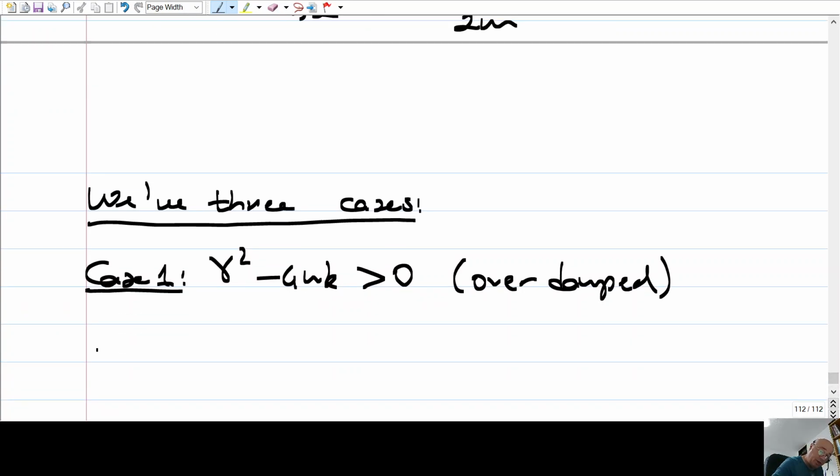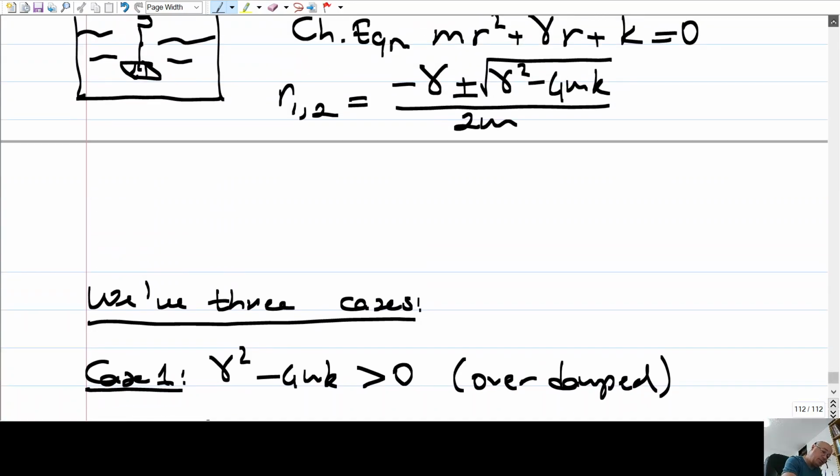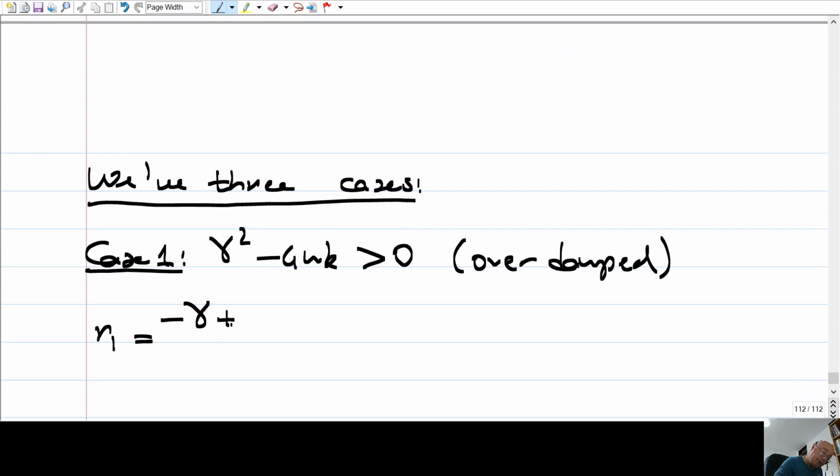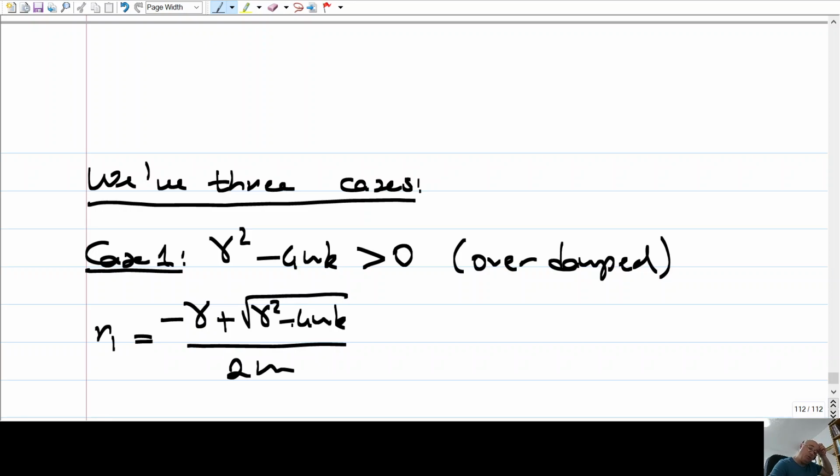In this case, we have two real roots. So R1 and R2 will be what? Minus gamma, plus minus, okay, so this is plus, let's say, over 2m. Well, this is a positive number, but it is less than certainly gamma squared.